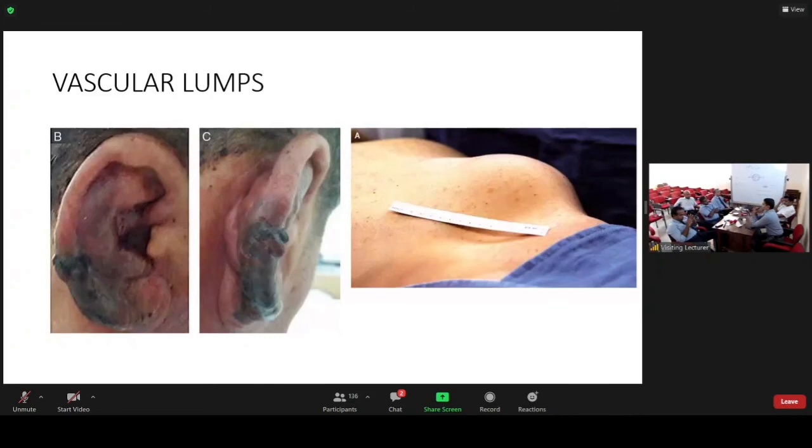Also, if there is a lump on top of an artery, it can still have pulsatility because of the blood circulation underneath, but it does not have an expansile impulse, like a lymph node. Those are the things we have to demonstrate when it comes to vascular lumps.